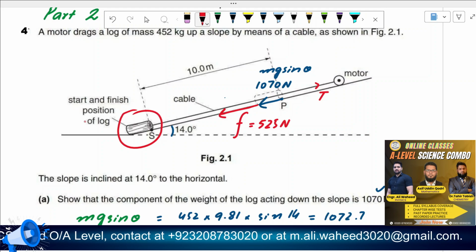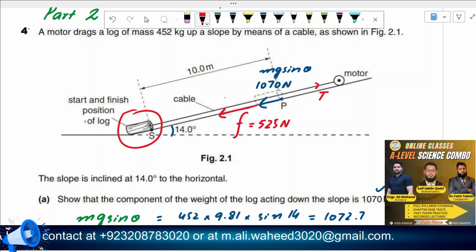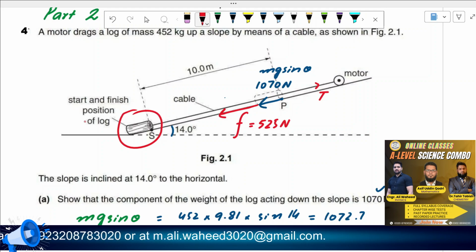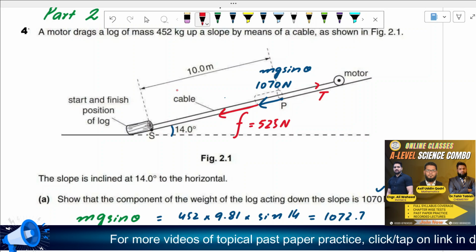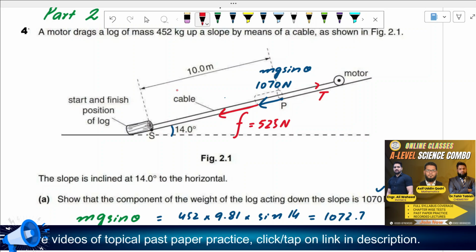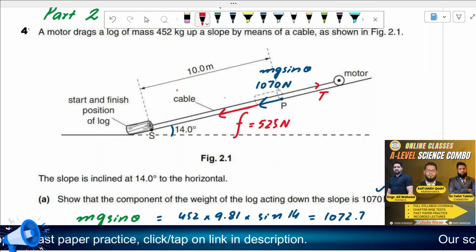So the tension would be to the point of connection of the cable with the motor, or you can say towards the motor, because the tension in the string would try to compress the string because the log is trying to stretch it.